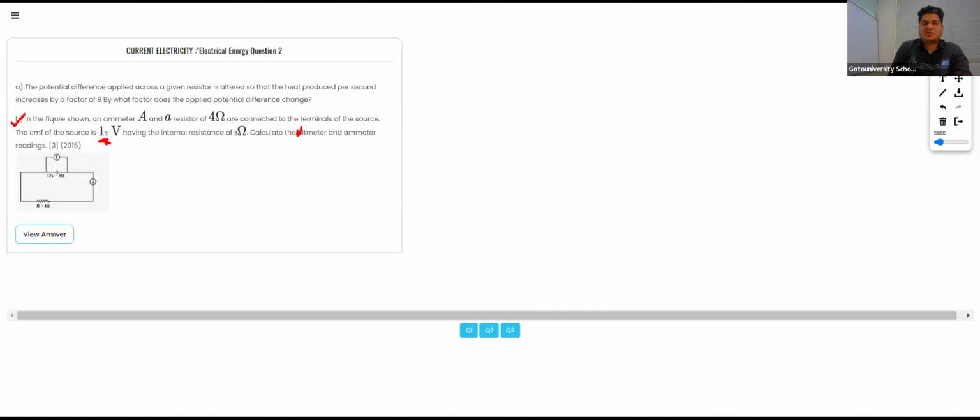The EMF of the source is 12 volt, having internal resistance of 2 ohm. Calculate voltmeter and ammeter reading. It is for 3 marks from year 2015.